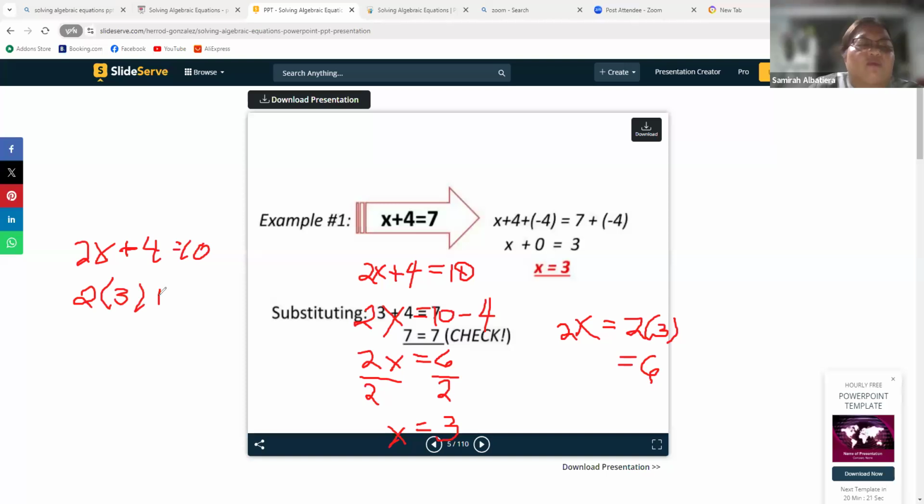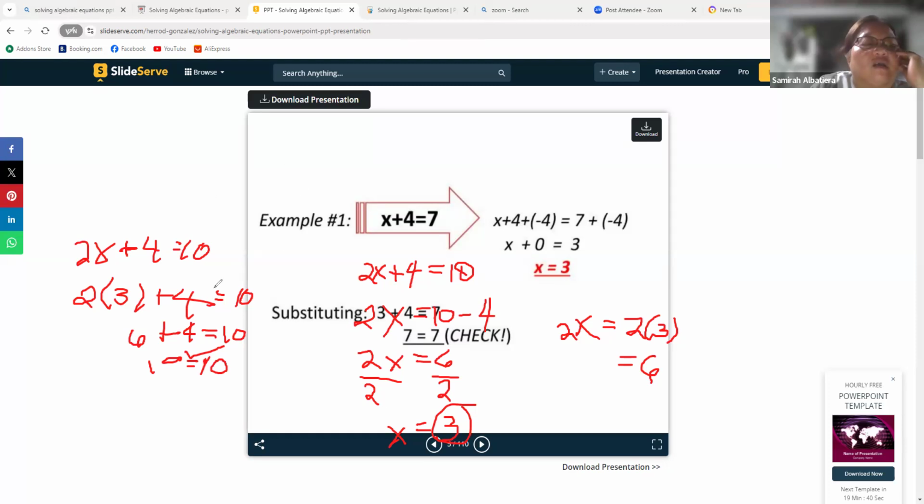So 2 times 3 plus 4 is equal to 10. 2 times 3 is 6, plus 4 is 10. Therefore, 10 is equal to 10, and that tells us that the value of x is correct, that it is 3. The number of missing guavas will be 3.